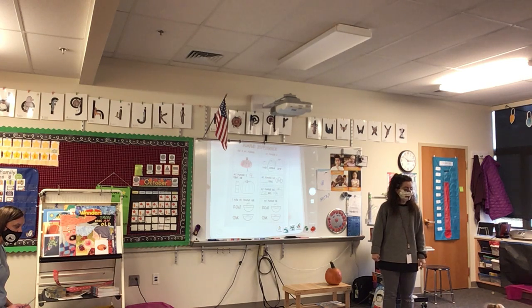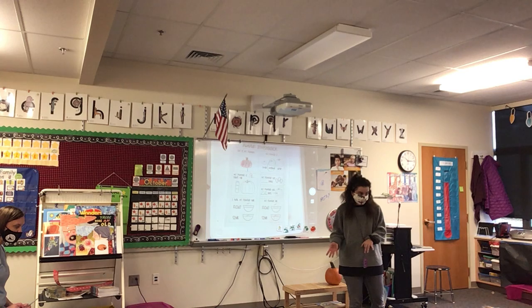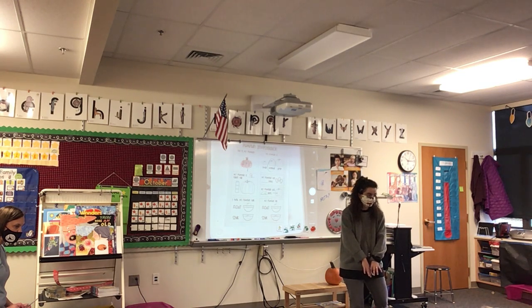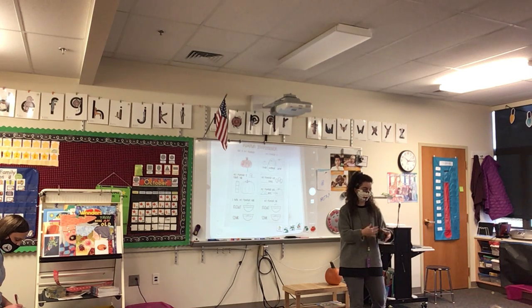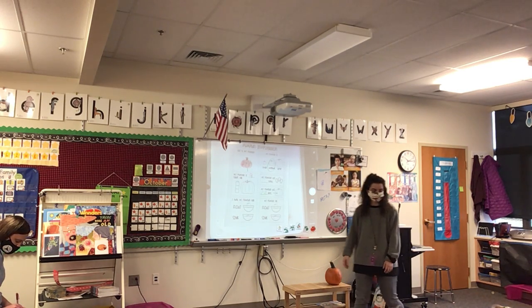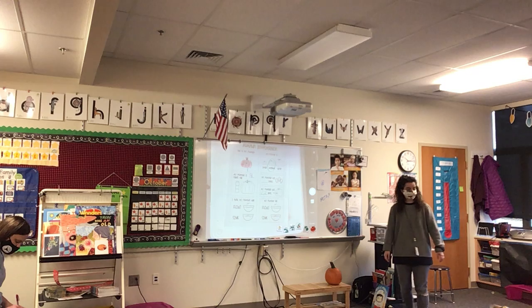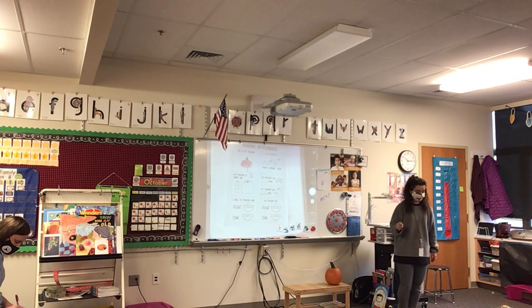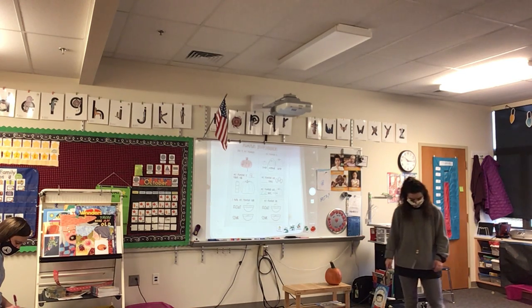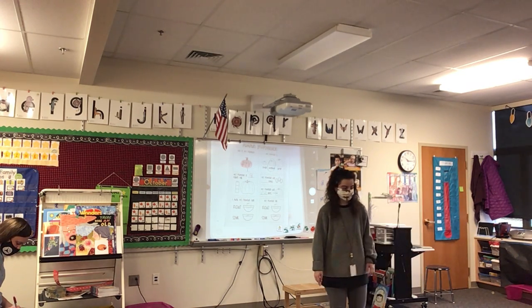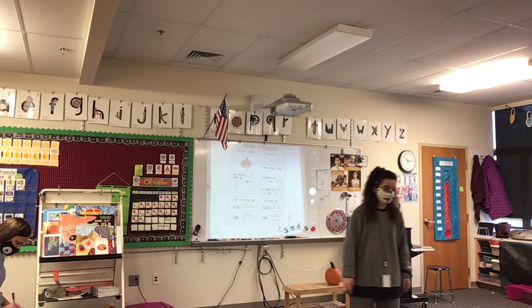We're going to test all of our pumpkins to see if they will sink, which means they go to the bottom of the water, or if they will float, which means they stay on top of the water. So everybody circle your guess, what you think is going to happen. If you think it's going to float, circle the first one, or you can color it in. If you think it's going to sink, color the second one on the bottom.